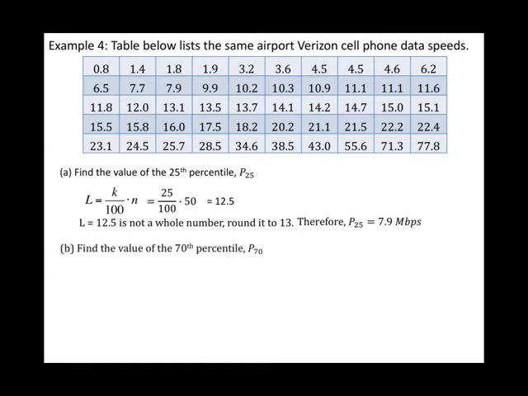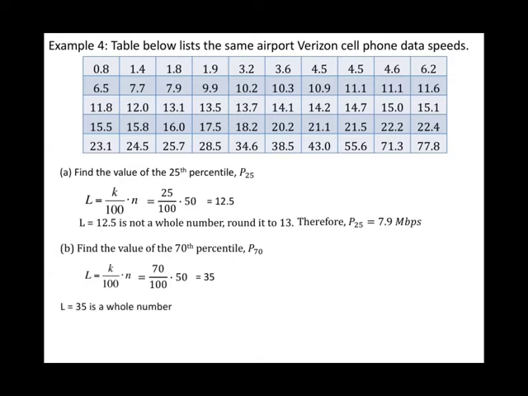Okay, try this one. Find the value of the 70th percentile, P70. Same formula. Plug it in, use a calculator. You should get 35. Is 35 a whole number? Yes, right? 35 is a whole number.